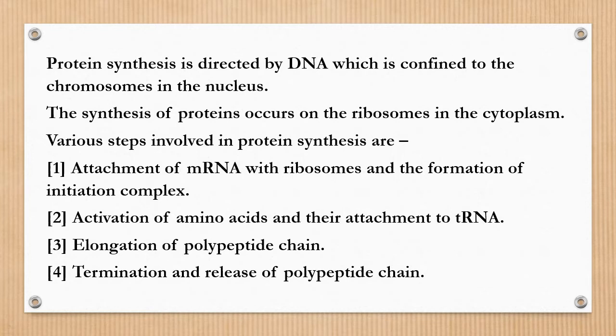DNA has the information about the sequence of amino acids in a polypeptide chain present in a protein. That information is brought by mRNA to the ribosomes, and in ribosomes the protein synthesis takes place. So this concept we discussed in transcription.